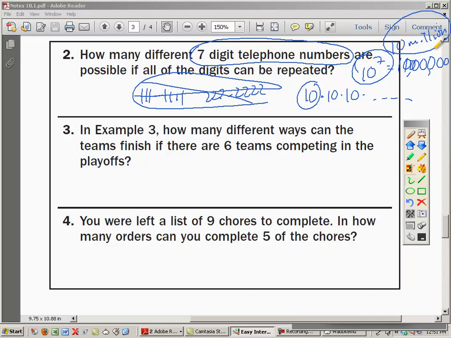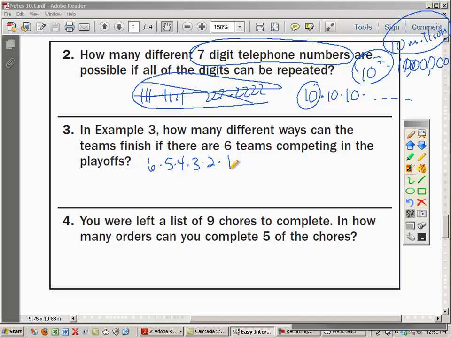In example number 3, how many different ways can the teams finish if there are 6 teams competing for the playoffs, all right? Well, if there are 6 teams competing for the playoffs, that means that there are 6 different ways that you can choose the first place team. There are 5 different ways to choose the second, 4, 3, 2, and 1.